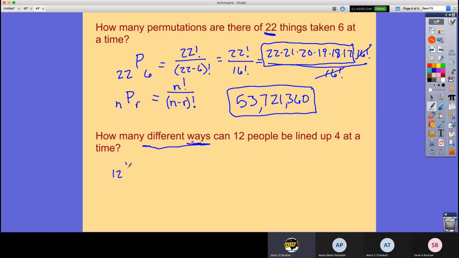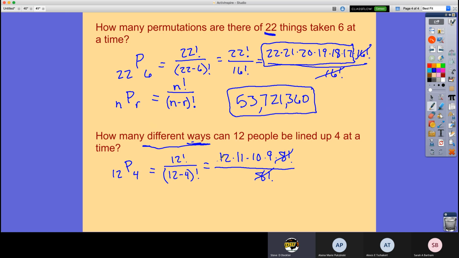So this one would be 12P4, which would mean 12 factorial over 12 minus 4 factorial. So this would be 12 times 11 times 10 times 9 times 8 factorial there. And I stopped at 8 because that's what the bottom is, 8 factorial.